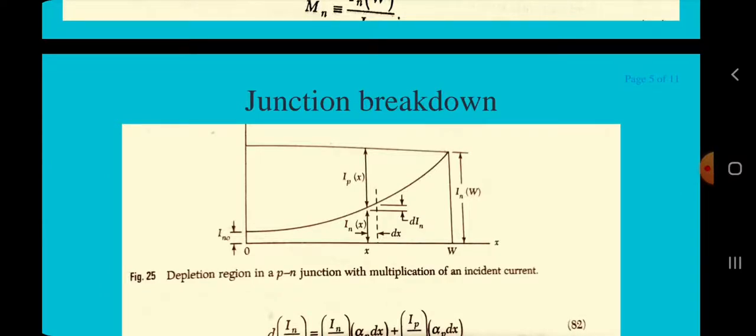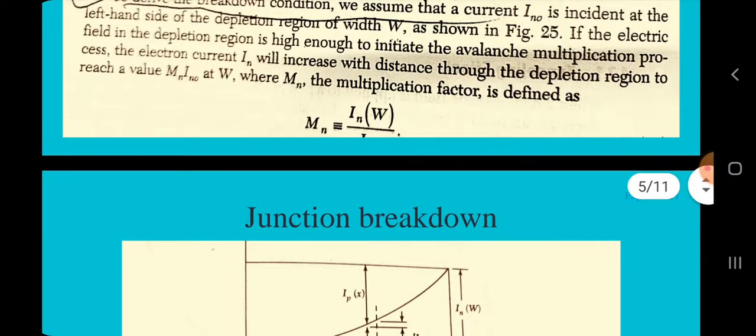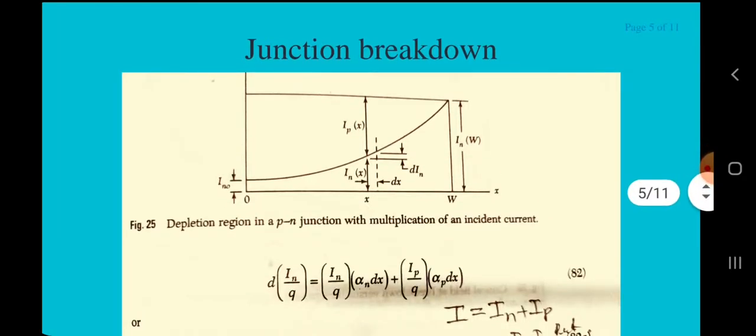If the electric field in the depletion region is high enough to initiate the avalanche multiplication process, the electron current In will increase with distance through the depletion region to reach a value Mn In0 at x = W, where Mn, the multiplication factor, is defined as Mn = In(W)/In0. This is the multiplication factor given here. Similarly, the hole current Ip increases from x = 0 to x = W. The total current I = Ip + In is constant at steady state.